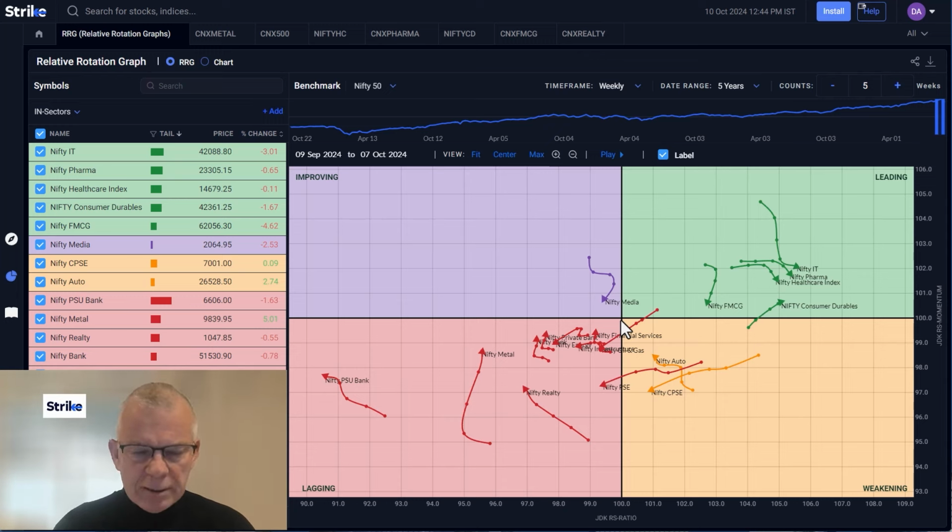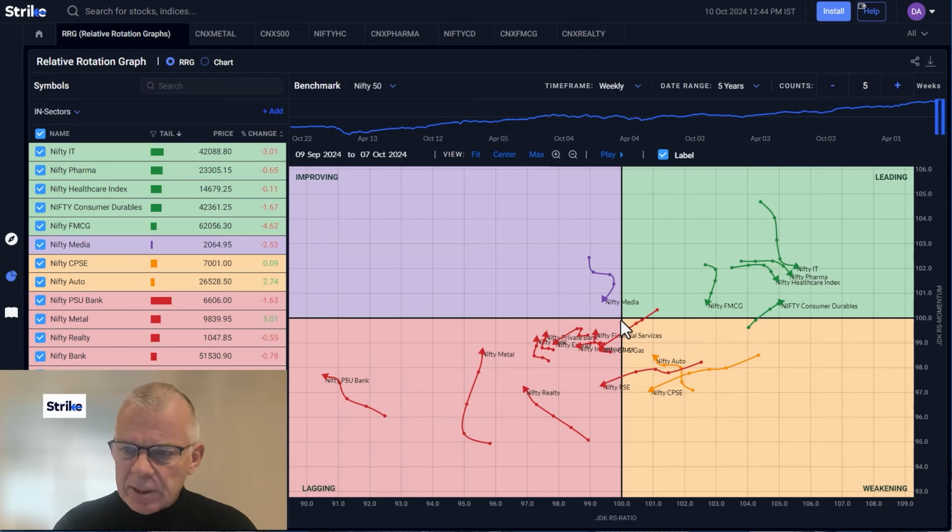What I want to touch on today is what the position of the various tails means for the expectations, especially with regard to the position relative to the benchmark.